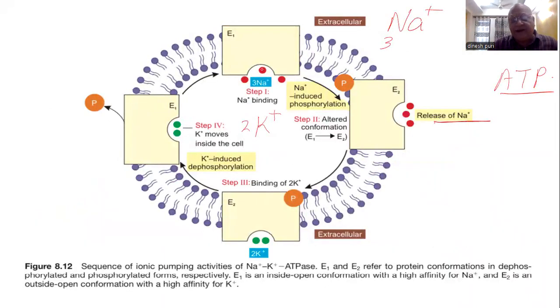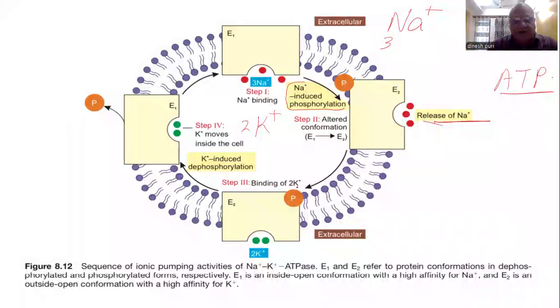When potassium binds, we said it leads to an altered conformation, but how? There is sodium-induced phosphorylation. It gets phosphorylated. Phosphorylation causes a change in the conformation followed by release of sodium.